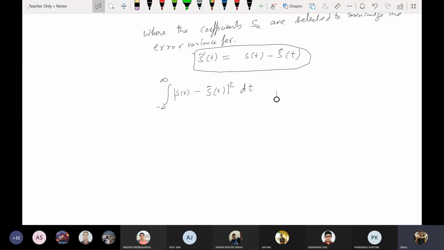Since this is an approximate representation, we are talking about the error. The norm square of s tilde(t) equals the integral from minus infinity to infinity of s(t) minus summation k equal to 1 to capital K of s_k phi_k(t), squared.